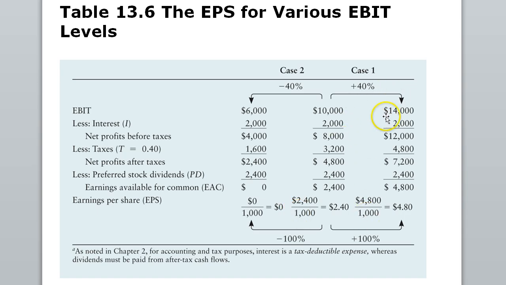And if we go up 40% to 14,000, we're going to have earnings available to common shareholders of 4,800 divided by 1,000 shares, giving us an earnings per share of 4.80. So we can see that going from $2.40 to $4.80 is a 100% increase. And going to 0 is a 100% decrease in their financial leverage.